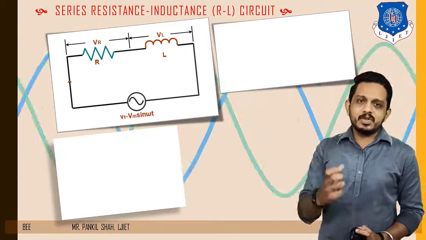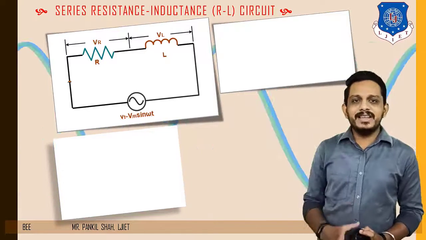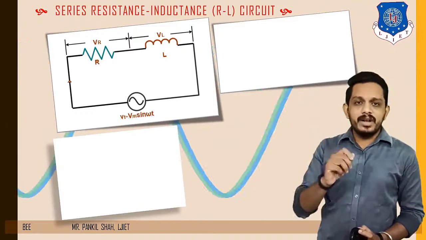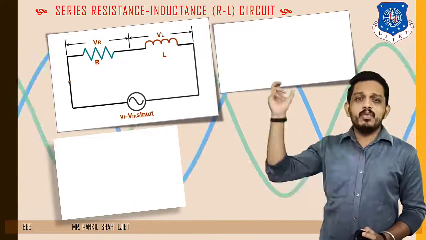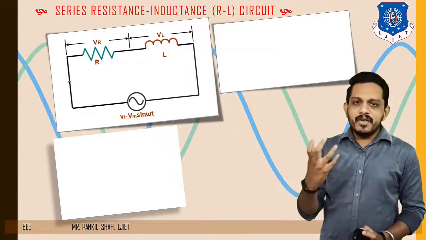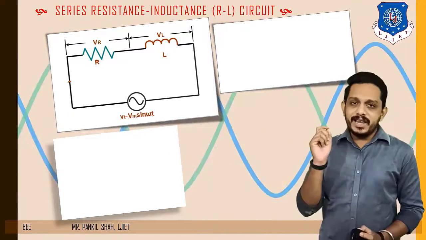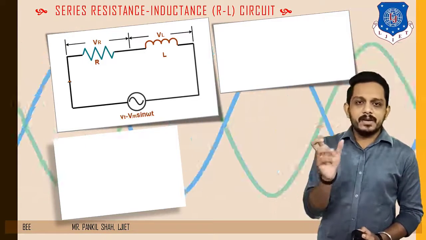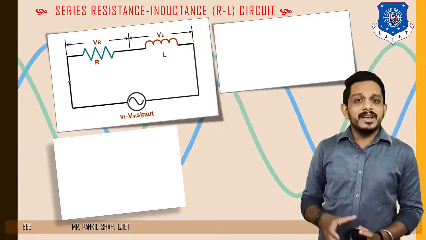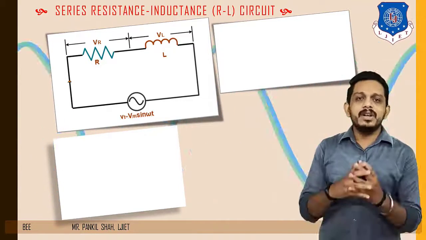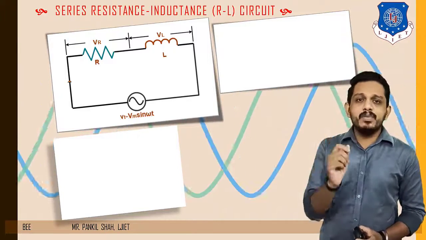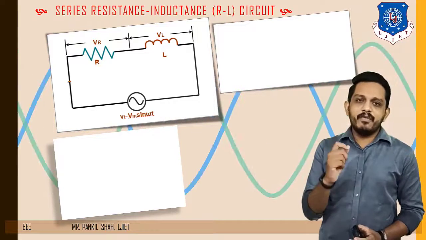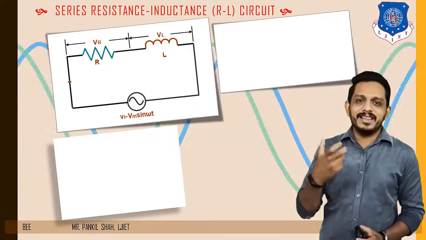So let's apply some source of energy to this series RL circuit. The applied voltage is V, and it is distributed across these components. We have studied resistors connected in series. In that case, if we apply some voltage to the series combination, the current flowing through it will be the same, but the distribution of voltage will not be the same. The voltage will be different across each element connected in that path.